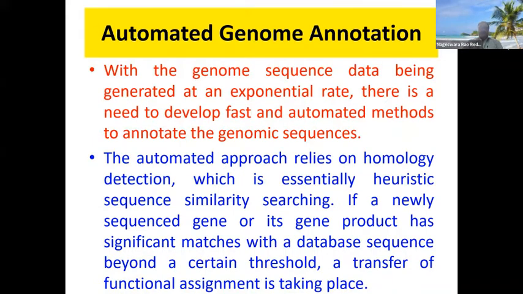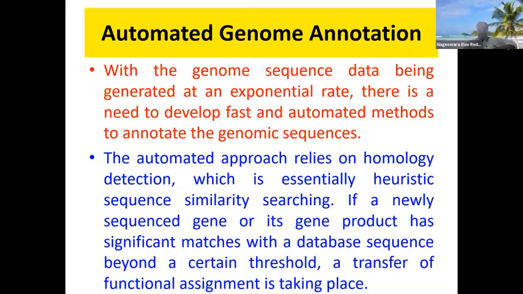So when there is more data which is increasing exponentially, we need to automatize our analysis because we can't sit and do the same old thing. We require some automation, and this has led to automated genome annotation. By this you might have got an idea of why people are going to automated genome annotation.